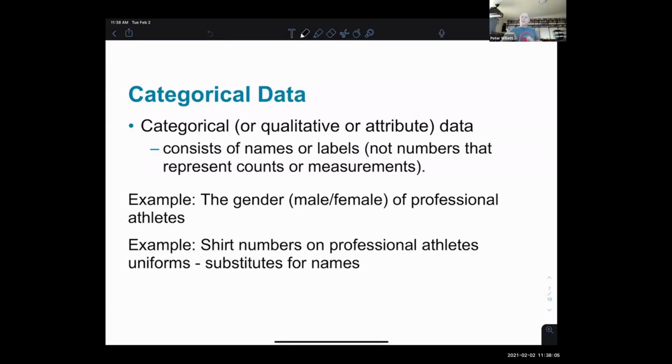You could collect the data of what numbers have been assigned to athletes on a team, but not to count anything. It would really just be so that you could look for what numbers haven't been used yet, so that new players could be given those numbers instead of one that's already been used, to avoid repetition. So I'm not sure if that's exactly what you're asking. That's my first attempt. If I've left you confused, can you ask a follow-up question, or are you satisfied by that, or how's it going?